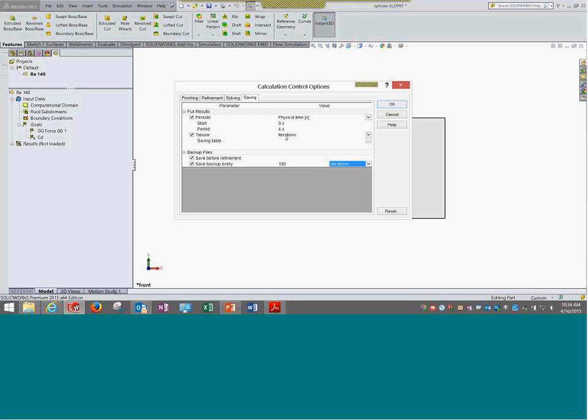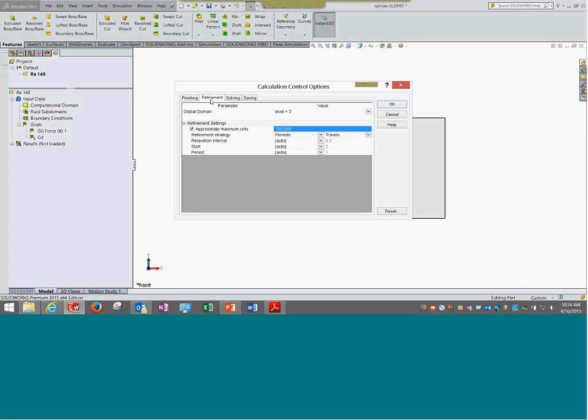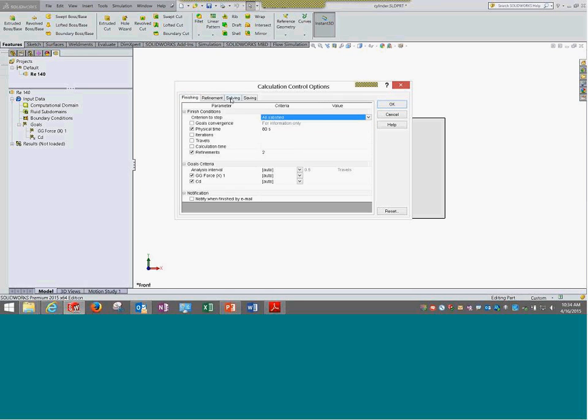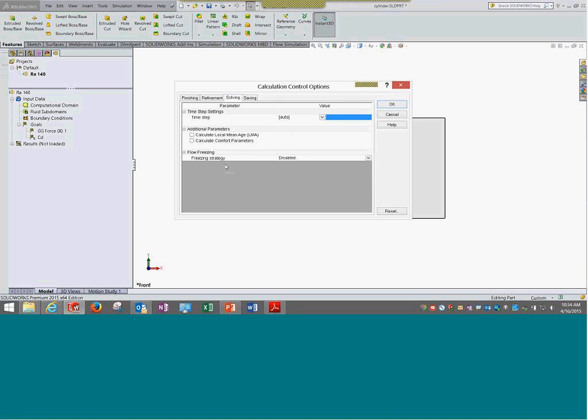If you save it for more, then it is going to take a lot of time. I don't know whether this would come in any of the future chapters for your interest. There is a freezing strategy, and in this case it is disabled.